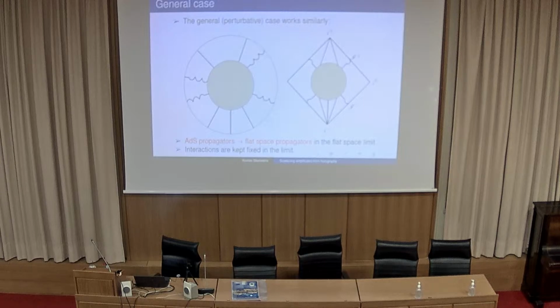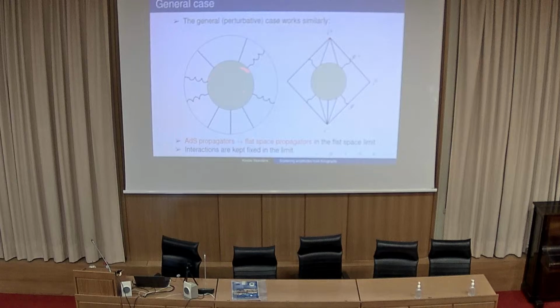And then you can check that as you take the limit, these external legs here become plane waves in the limit, as you would expect from flat space scattering amplitudes. The bulk-to-bulk propagators that propagate in the middle become flat space propagators. And then in the limit, the interactions are kept fixed.